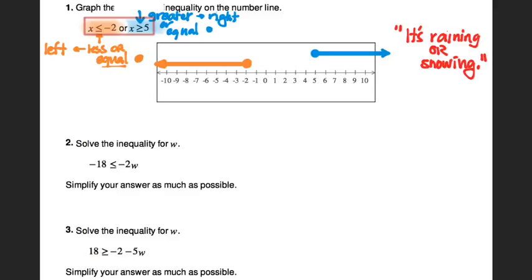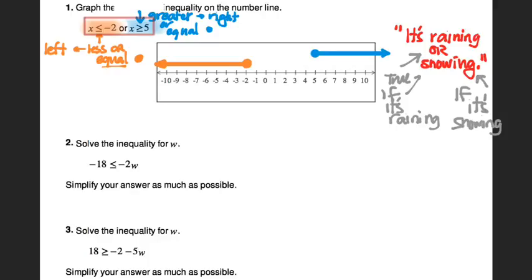If I say it's raining or snowing, then is that a true statement if right now it's raining outside? Yeah. If it's raining right now, then that statement is true. Right? What if it's snowing right now? If right now it's snowing, then is the statement it's raining or snowing true? Yeah, it's also true. So what does it take to make an or statement true?